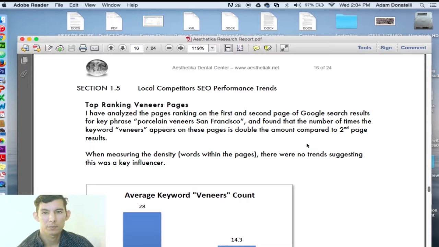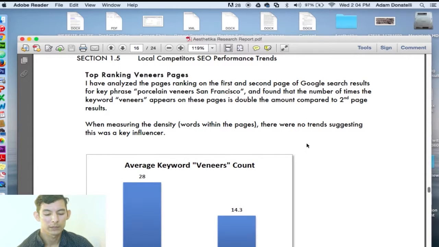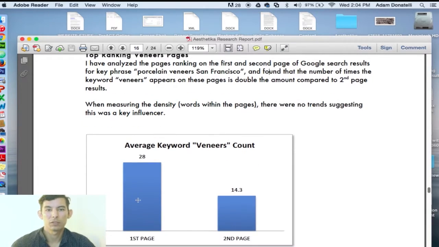Now, on-site optimization. When looking at the competitors, what I found was, typing in porcelain veneers San Francisco, I'm looking at the pages ranked on the first page and the second page, and I'm trying to identify what level of optimization or content is included in these pages.